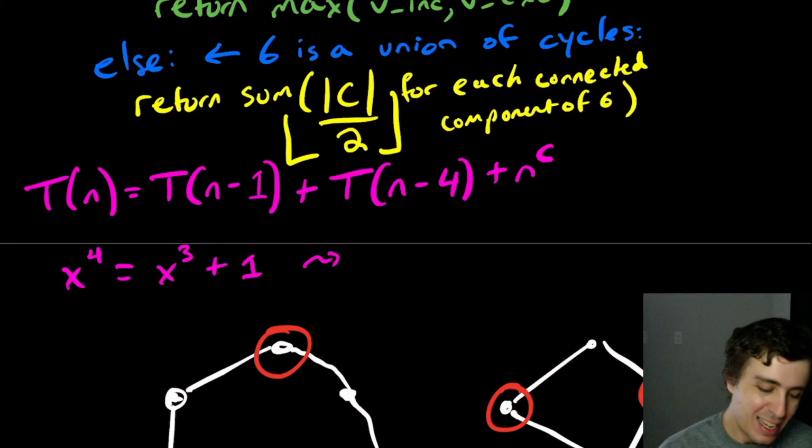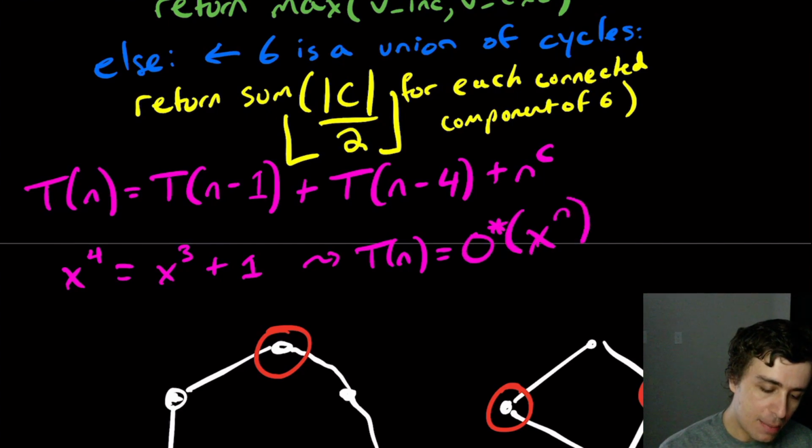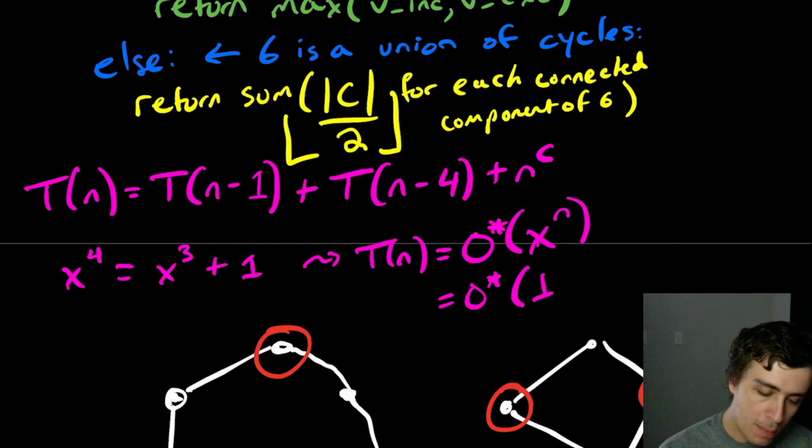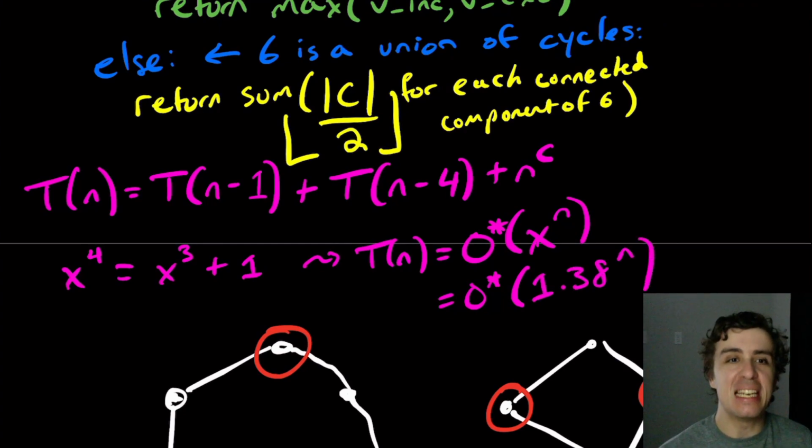And if you do that, say with Wolfram Alpha, then T of n, based off of this, is going to be big O star of x to the n. And if you actually solve what that number is, it will be 1.38 to the n, which is significantly better than the 2 to the n example that we had, which is the brute force.